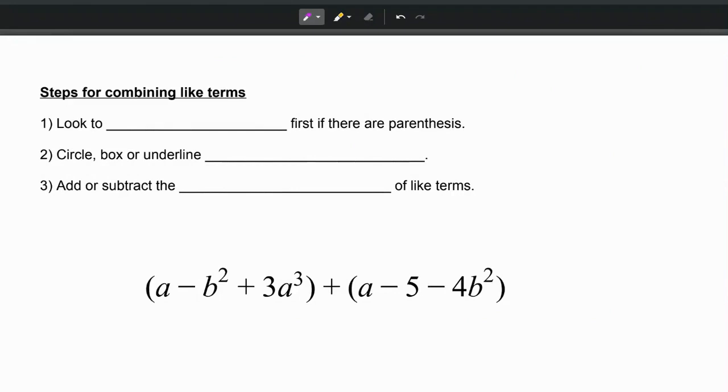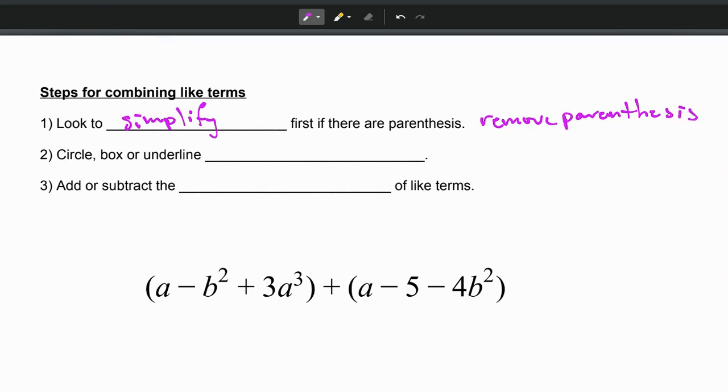Next, we'll look at the steps for combining like terms. First, we look to simplify if there are any parentheses. We have to take care of the parentheses first. Basically, that means remove the parentheses, because that changes everything.